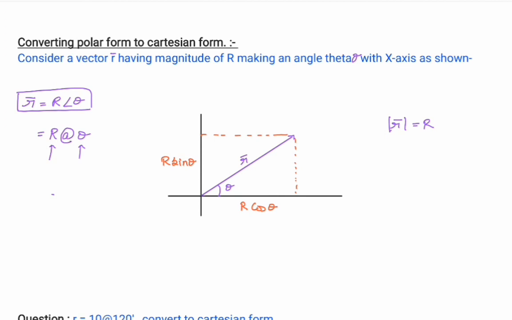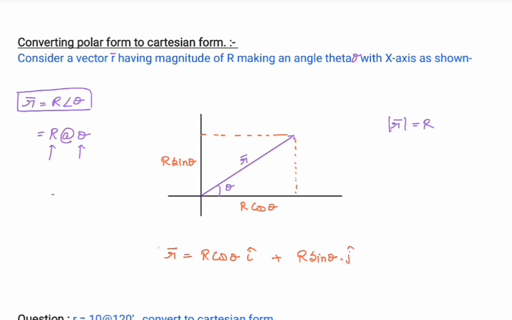Now if I write this vector in a Cartesian system, how will I write it? Vector R will be equal to Ax, the component of the vector in the x-axis, which is R cos theta, multiplied by i cap. Then the y-axis component is R sin theta, multiplied by the y-axis unit vector j.